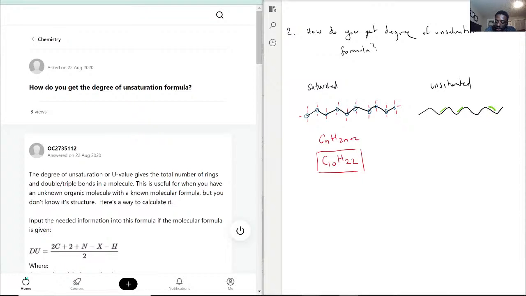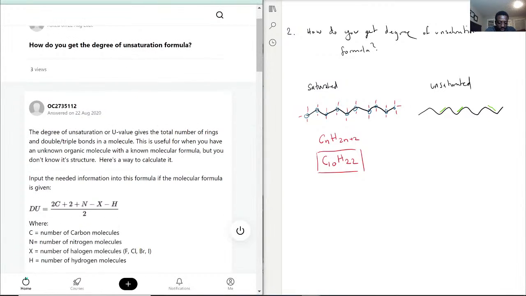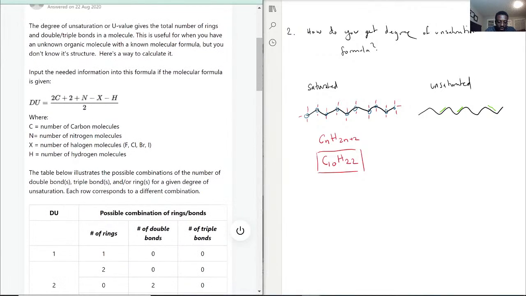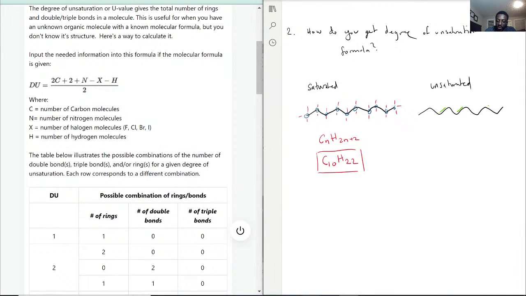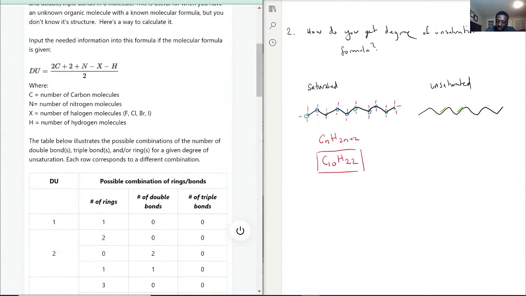And there's actually a way to calculate the degree of unsaturation, aka the number of double bonds, pretty much. And here actually does a great job of breaking it down.